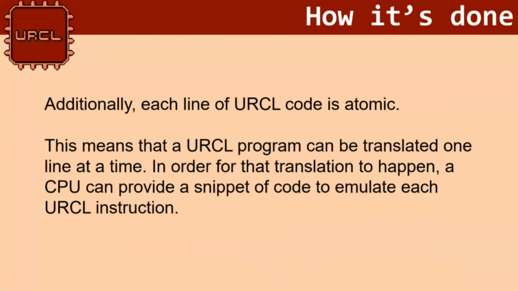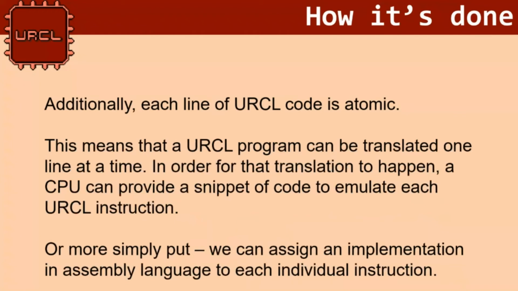You could say if A plus B equals 0, then do something else. But the fact is that the calculation of doing A plus B and then the statement branch if 0 are split across different lines. This means that instructions have dependencies on previous instructions, which we've removed in URCL to make it as simple as possible.